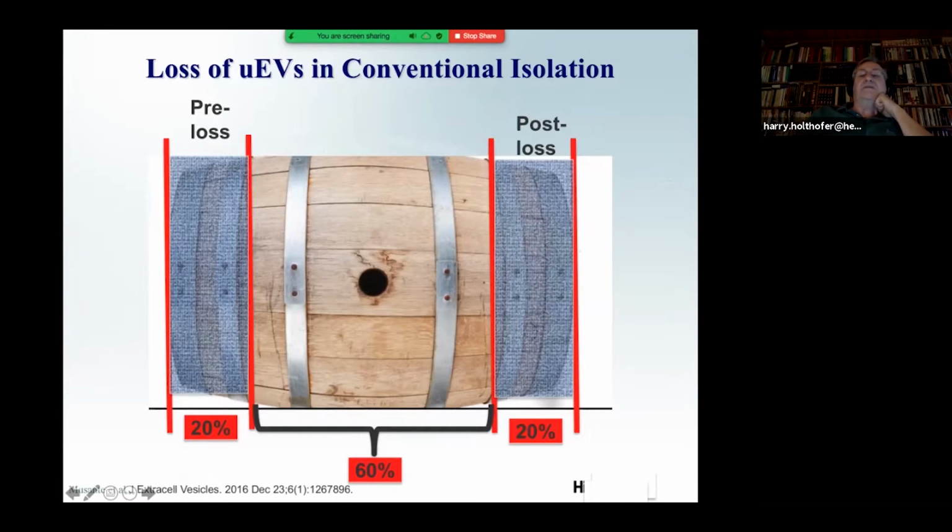The same thing is true for the post-analytical steps, 20 to 30% again lost there, meaning that we might have 60% left from the original setup of vesicles in the urine, and we don't know what we are losing in the pre-analytical and post-analytical steps. So this is a major distortion of the results.